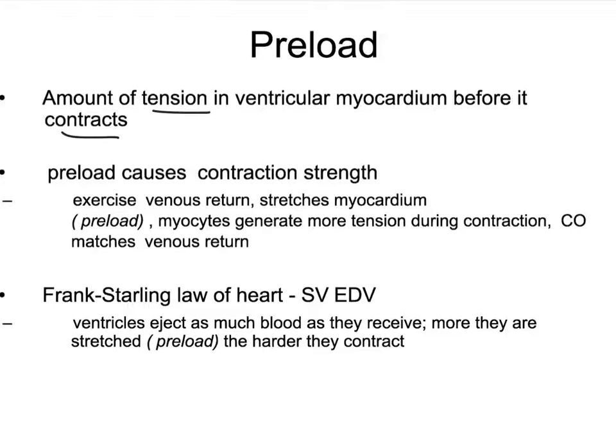So preload is actually going to change contraction strength. Increased preload causes an increase in contraction strength. The tighter the tension is in the vessel, the more it's going to contract.